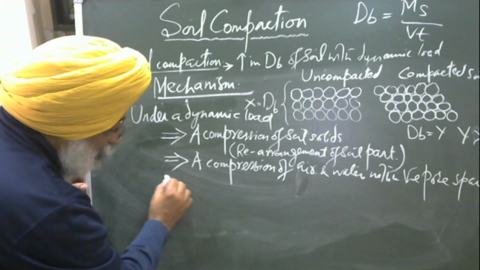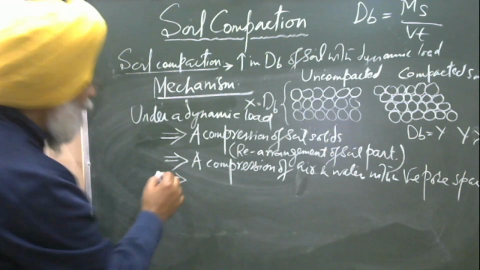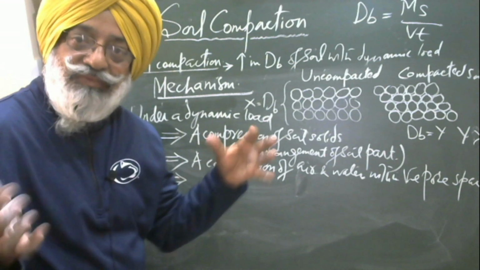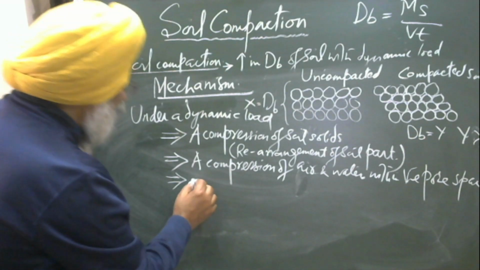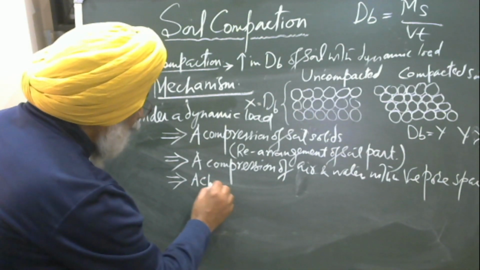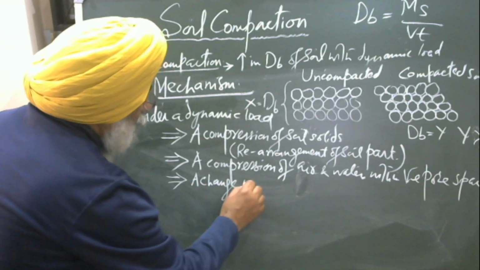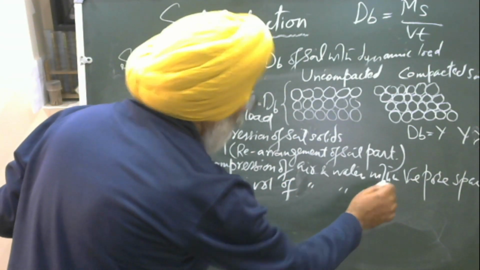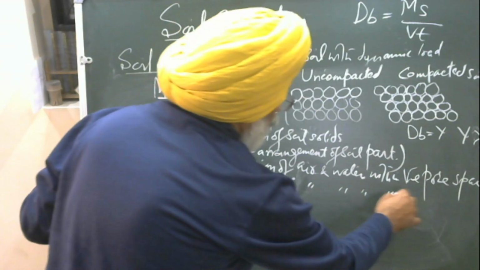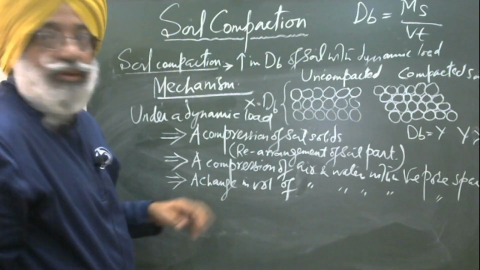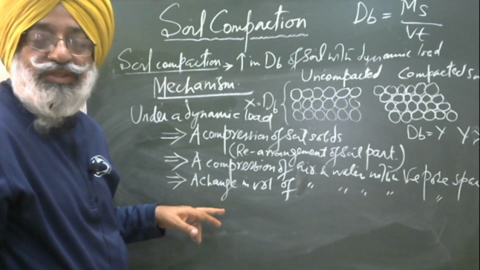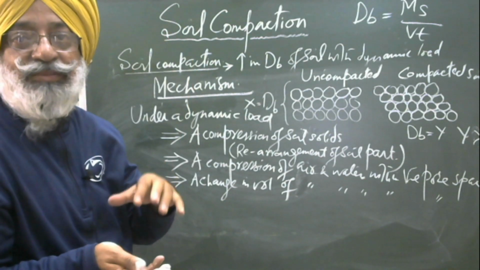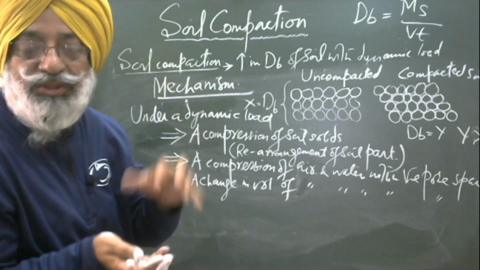So the third process is, if there is movement of air and water because of the compression, then there could be a change in volume, a change in volume of air and water within the pore space. So either compression or change in volume. When you compress, volume could decrease because air is compressible and water gets under pressure.